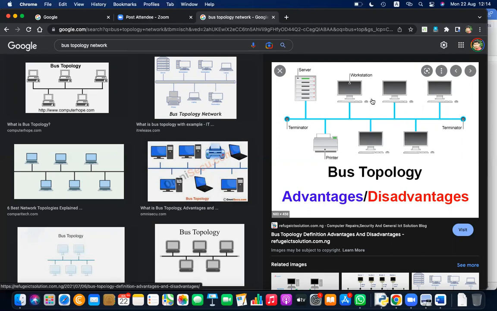And to connect a new computer, you have to disconnect the main line, disconnect the network. Also, if you need to disconnect a computer, you still need to disconnect the main line. It is like power lines or water lines, which work this way.